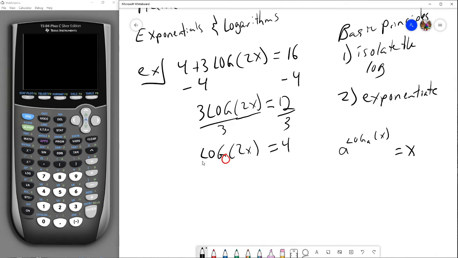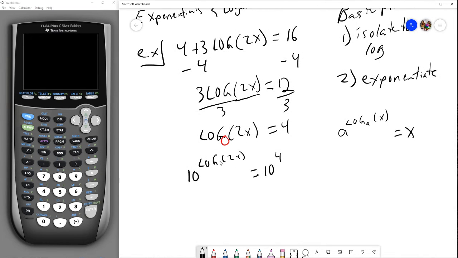So I am going to take both sides of our equation, and they will become the exponents of our exponentials with base 10. So we'll have 10 to the log of 2x is equal to 10 to the 4th. This is what exponentiating looks like. We took what we previously had and raised an exponential to that power.